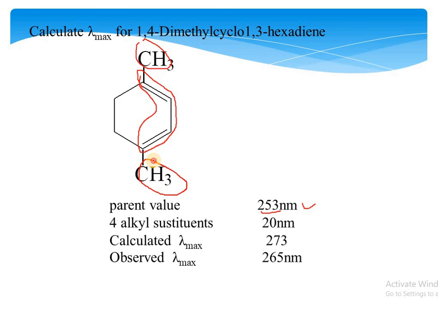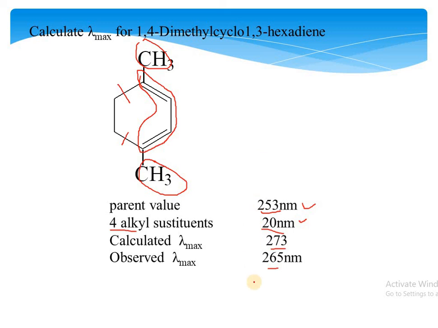For two alkyl groups we have to add 10 nanometers, but along with this, one ring residue is this, and one ring residue is this, meaning the sides of the ring touching this system are 2. So 2 ring residues and 2 methyl substituents, all with the same value, so we write 4 alkyl substituents, and the value will be 5 times 4, that is 20 nanometers. The total value is 273, and the actual value is 265, which is nearly the same.